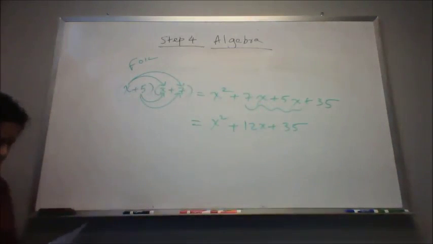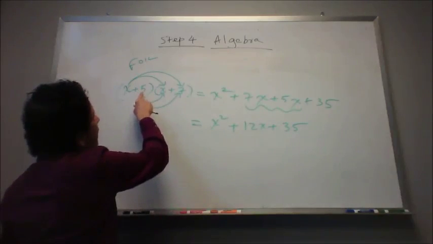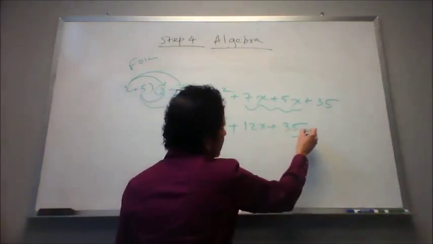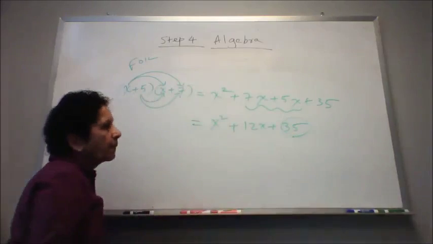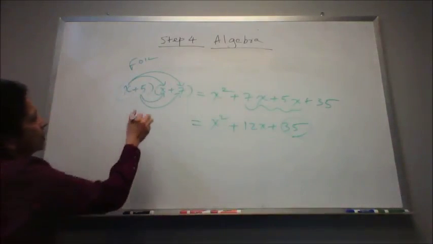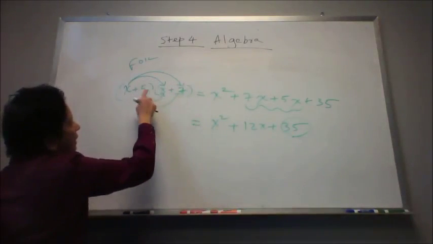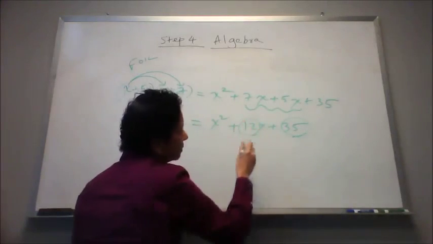So here, you need to notice something. When you have a 5 and 7, and you see the 35 here. So 5 times 7, 35, you get it here, right? And another thing you notice here, I've got 7, I've got 5, 7 plus 5 is 12, and that's what is in the middle, right?